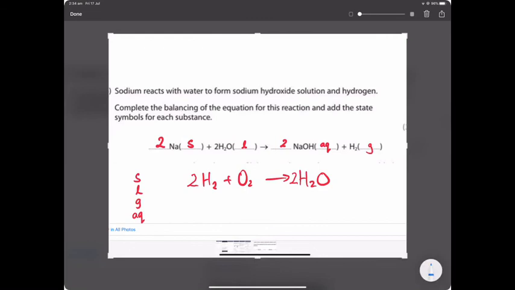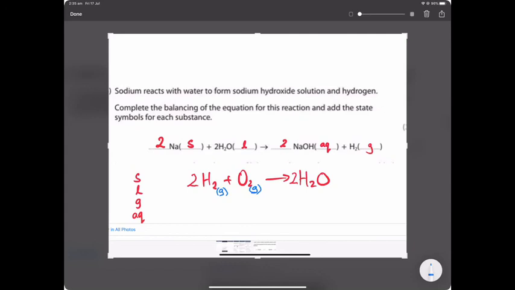The state symbols: hydrogen is a gas, and so is oxygen. But when you see a rocket blasting off into outer space, as I said, rocket fuel is a mixture of hydrogen and oxygen. Do you see bucket loads of water pouring out from the bottom? No, you don't.